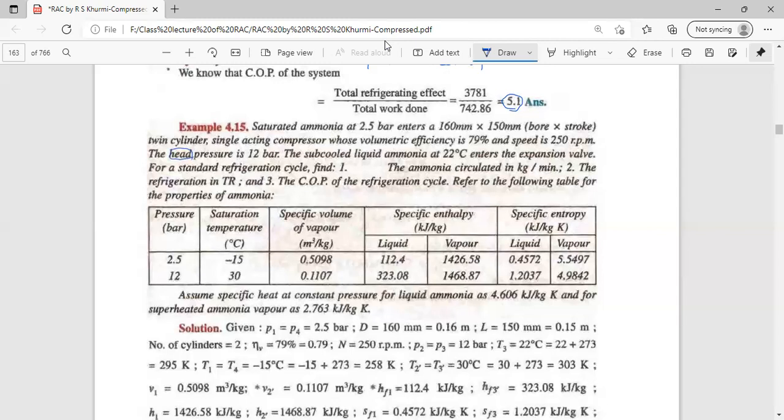The subcooled temperature here, it is subcooled again, means it is not fully cooled at the exit of the condenser, but from the exit to the inlet point of the throttling valve, a portion of this is cooled and converted into totally liquid.